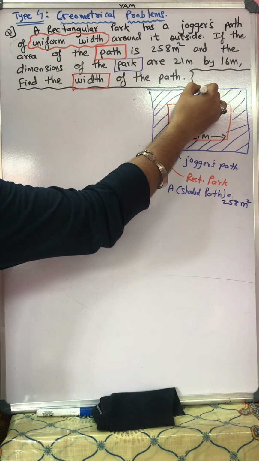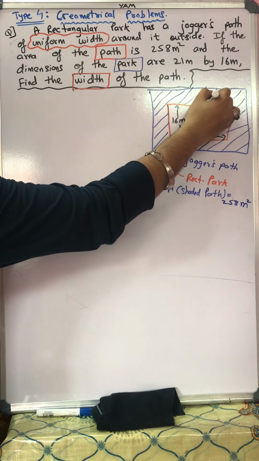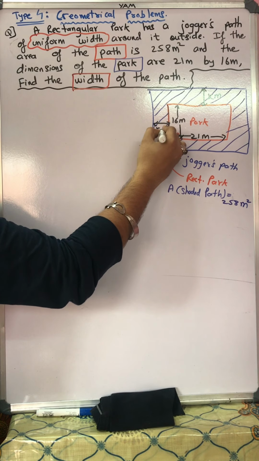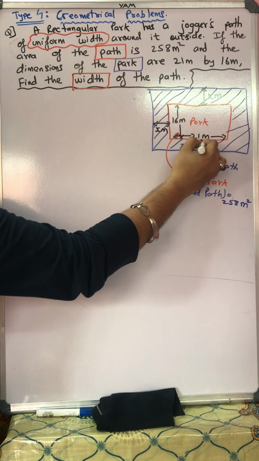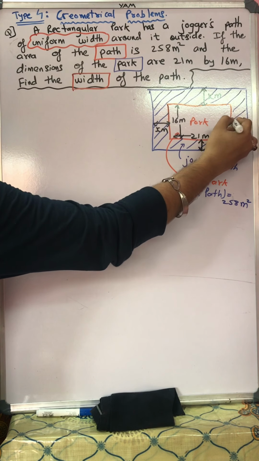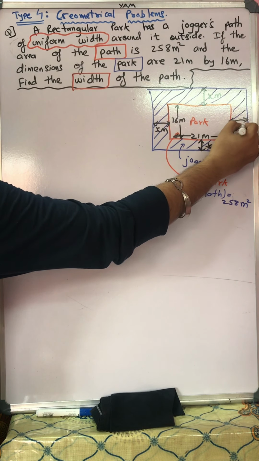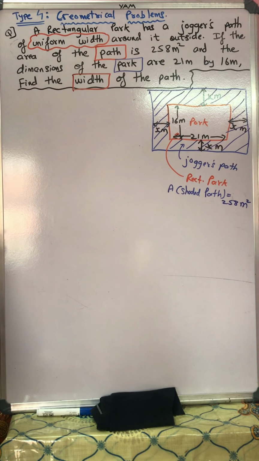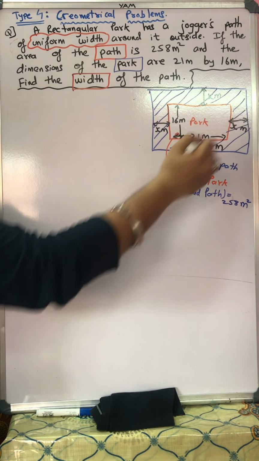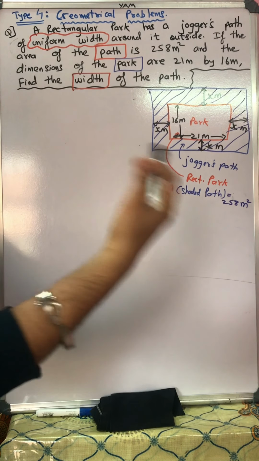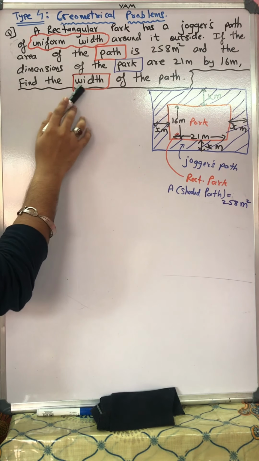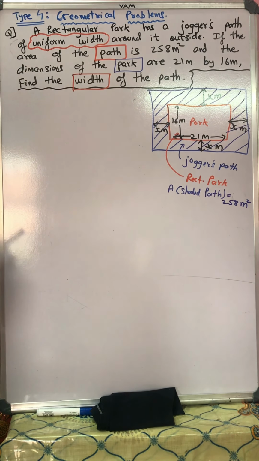So let us suppose that this is x meters from here, here also x meters, here also x meters, and here also x meters. Great. We have assumed that the width of the shaded path is x meter, and we need to find the width only. That means we just have to find x.